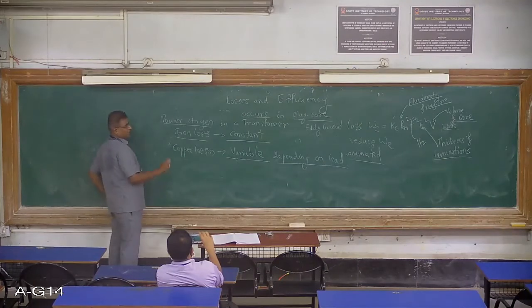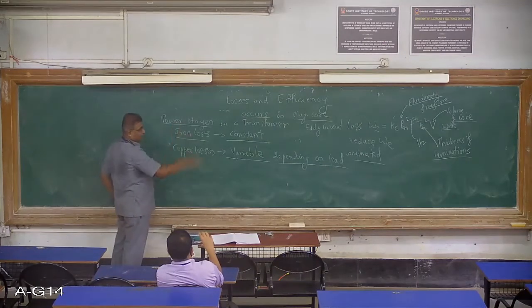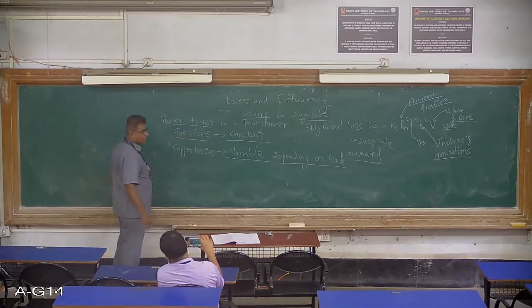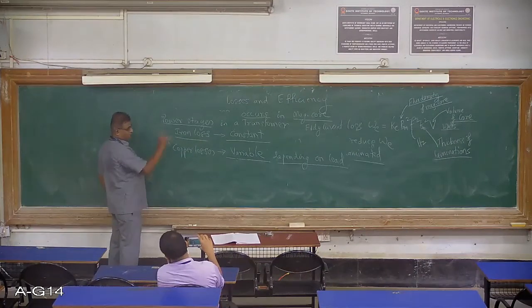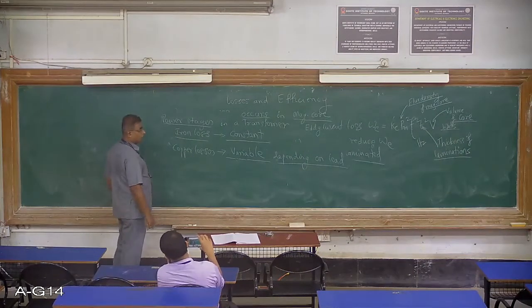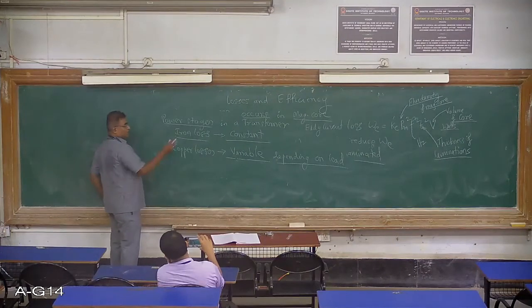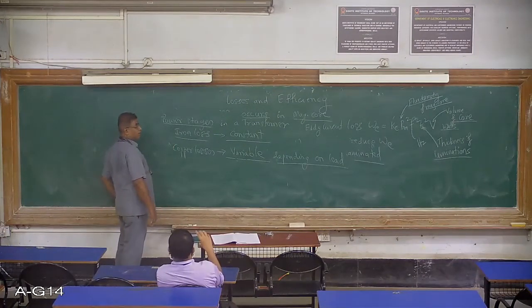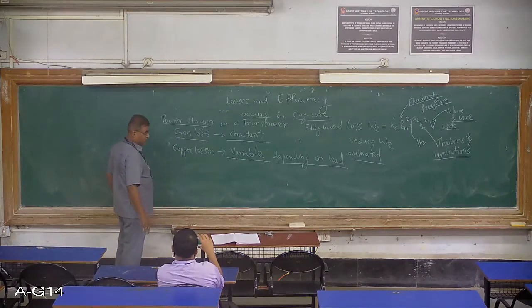Load is the device which we connect to the secondary side. If we connect a load of lower impedance, the transformer will be delivering more power. So depending on load, the power transaction takes place.